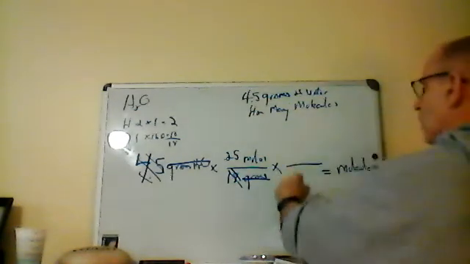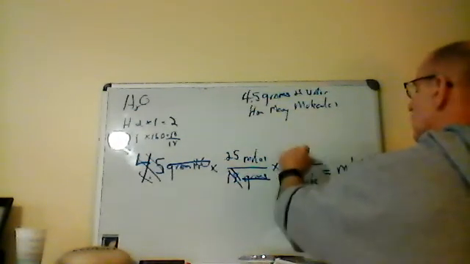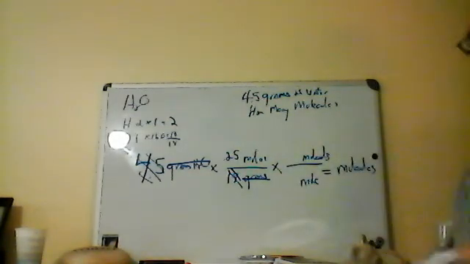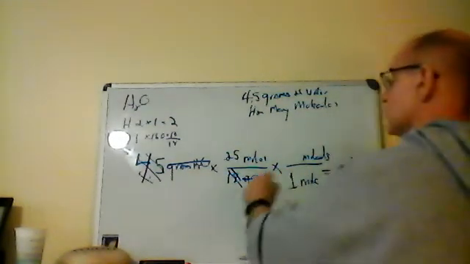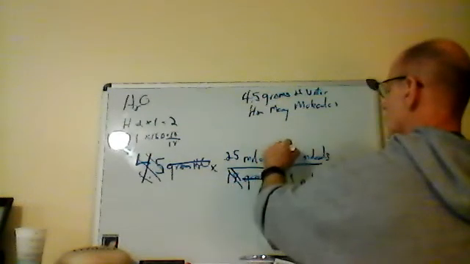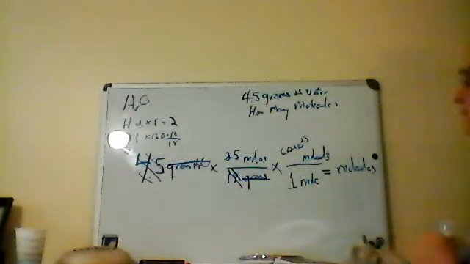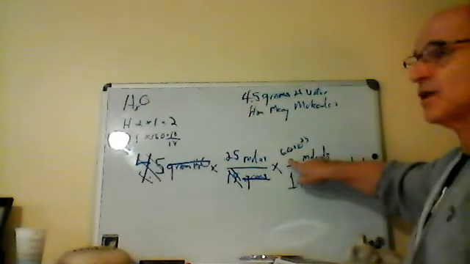Okay? Now this is where it gets a little tricky because now I have to go from moles to molecules. And we know that in 1 mole we have Avogadro's number, 6.02 times 10 to the 23rd. Now, the good news is that I kind of gave you nice numbers. This is roughly 25% of this.